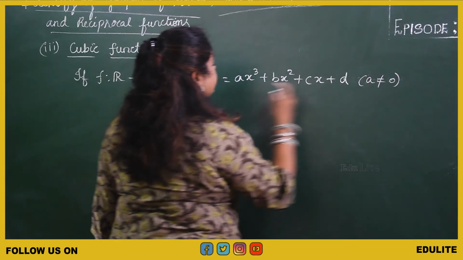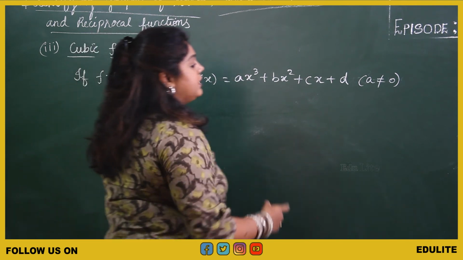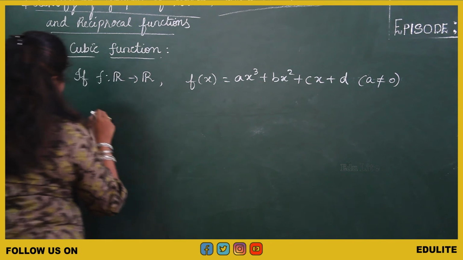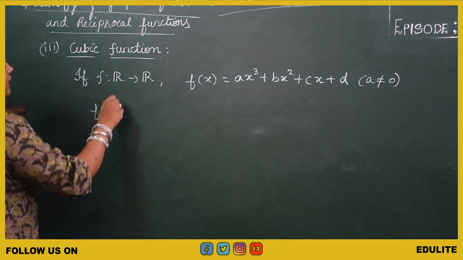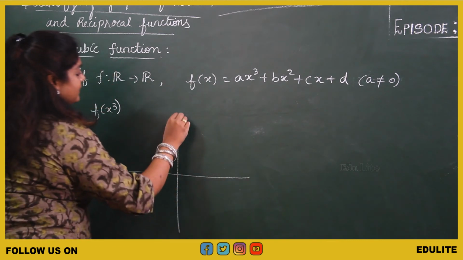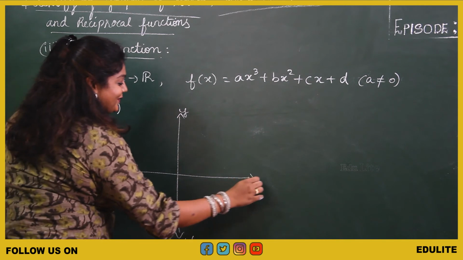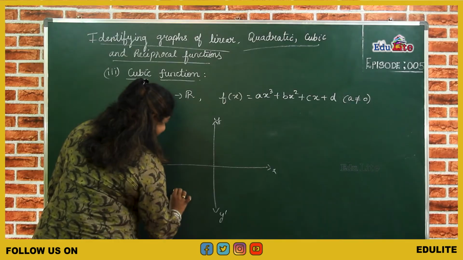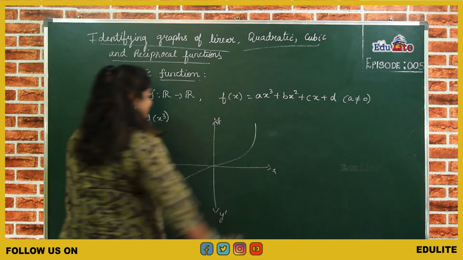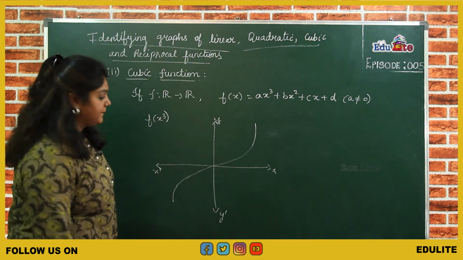If a becomes 0, this will become a quadratic equation. So a shouldn't be equal to 0 in the cubic equation, where f of x is given as x cube, and the cubic equation is represented in such a way.